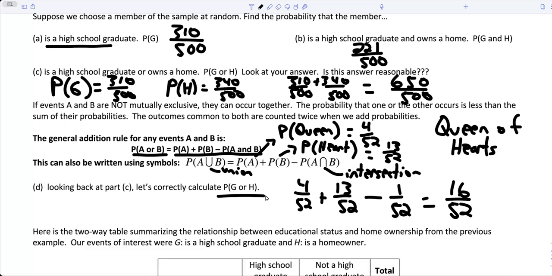Check with your neighbor there, make sure they got it right. Probability of G.